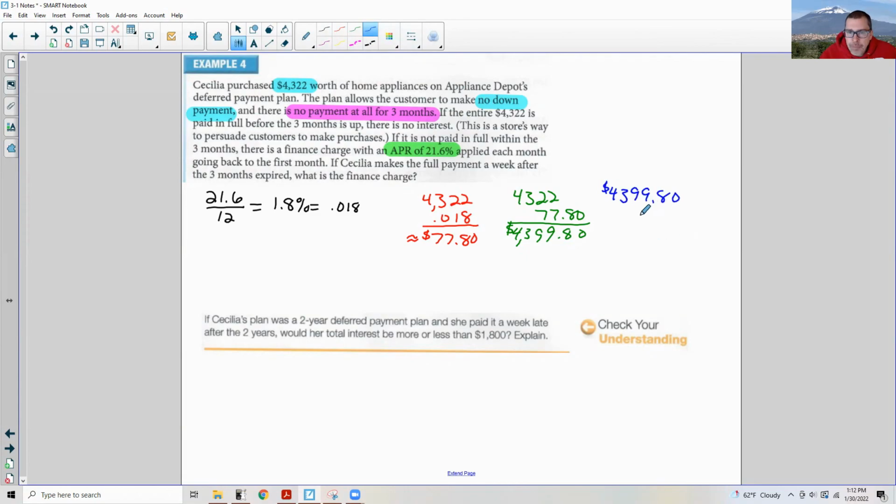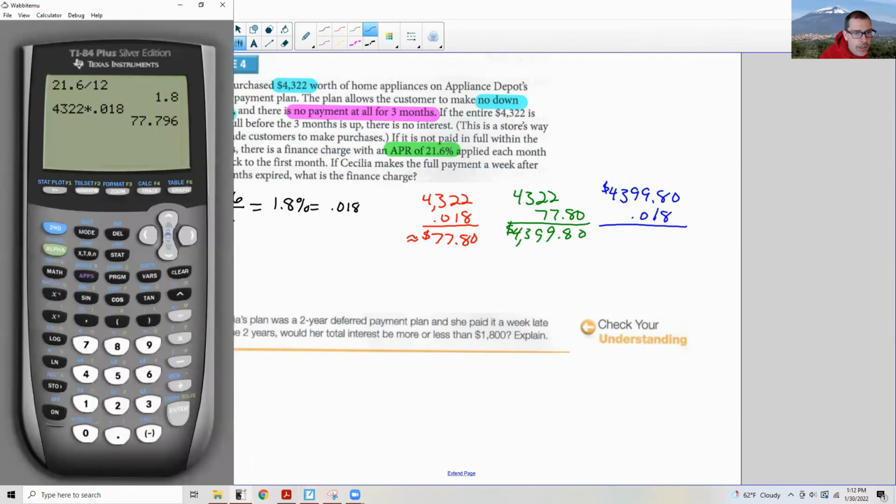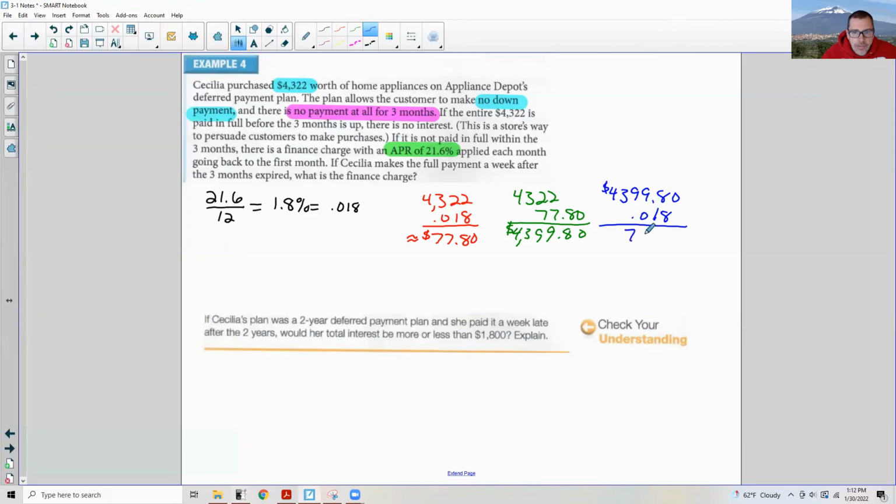We multiply $4,399.80 times 0.018, not 0.18, and hit enter, it's $79.196, and that's approximately $79.20.